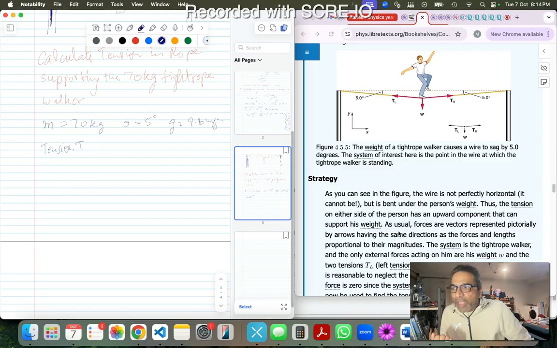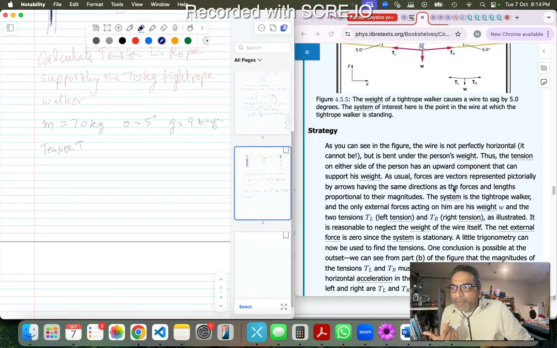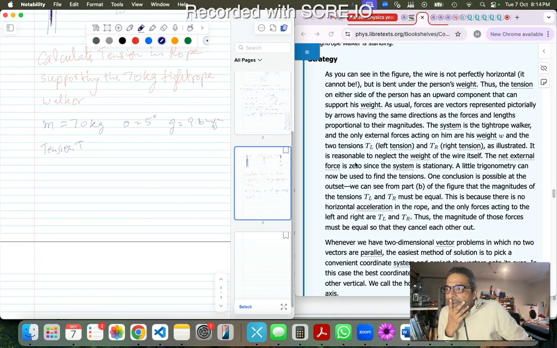Now, as usual, forces are vectors represented pictorially by arrows having the same direction as the forces and lengths proportional to their magnitude. The system is the tightrope walker, and the only external forces acting on him are weight and the two tensions, tension left and tension right. It is reasonable to neglect the weight of the wire itself.